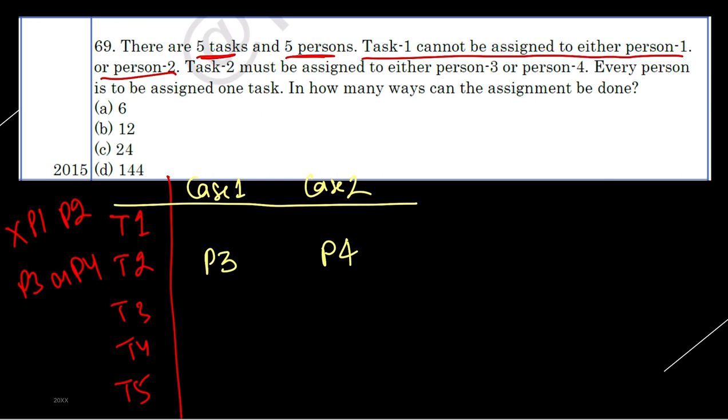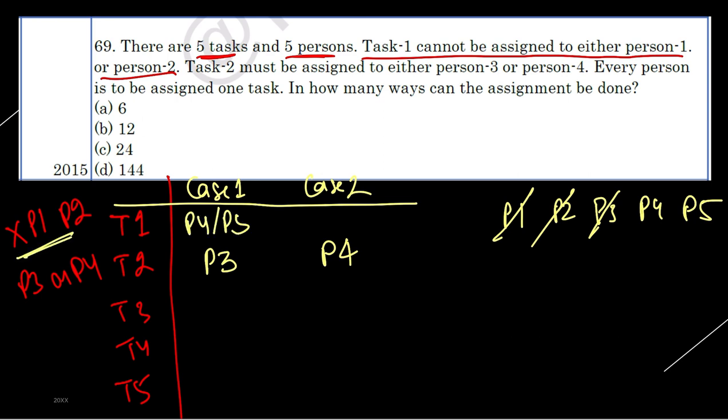Who can do task number 1? We have the options P1, P2, P3, P4, P5. P3 is doing task number 2. P1 and P2 cannot do task number 1 because that is a condition. Who can do it? Either P4 or P5.